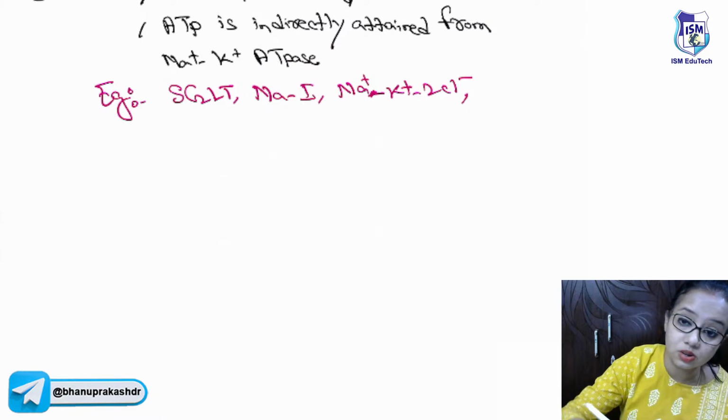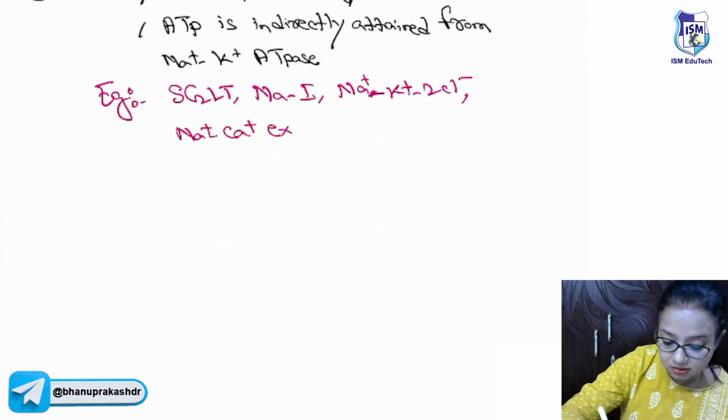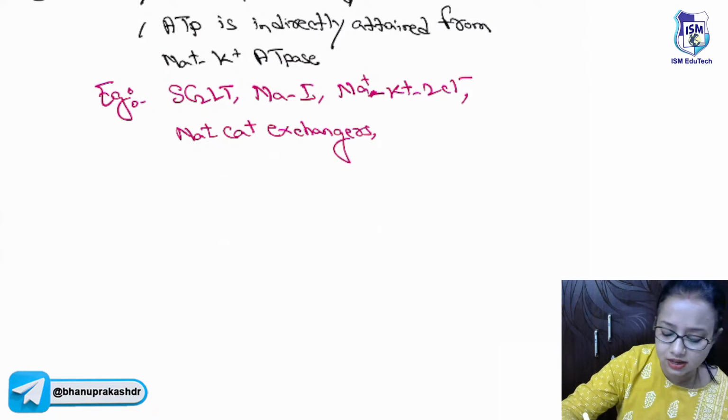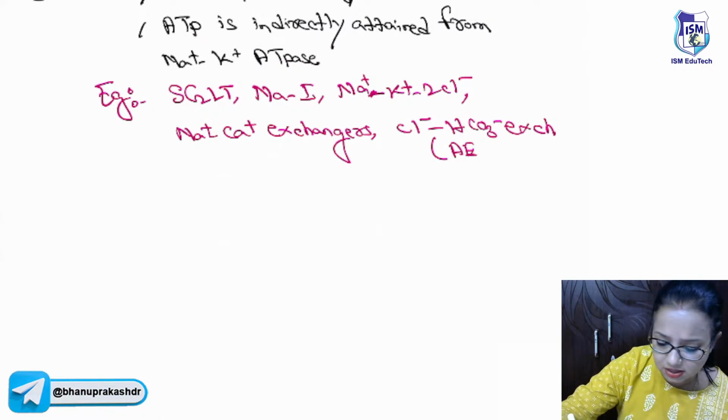Then we also have exchangers like sodium calcium exchangers. Okay. We also have the anion exchanger, the chloride and bicarbonate exchangers, which are also known as anion exchangers. They can be anion exchanger 1 or 2, and so on.